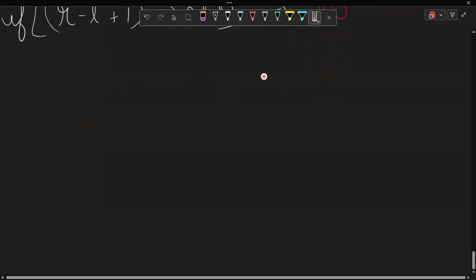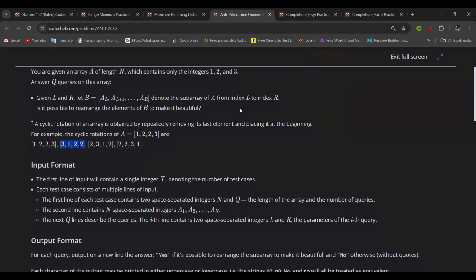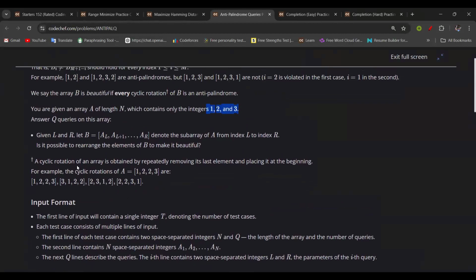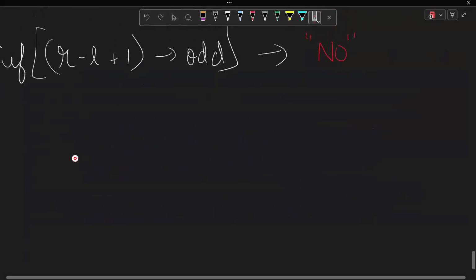Before finding out what all arrangements you can do, one more thing you can see in the question is that the values in the array are limited: A i is only from 1 to 3. There can only be 1, 2, and 3 in your array.